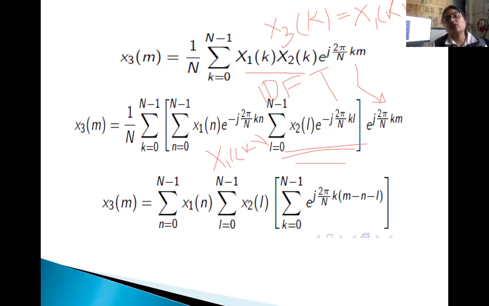So if I take all those quantities outside, what will remain inside now? We have written summation, this k varies from 0 to n minus 1.